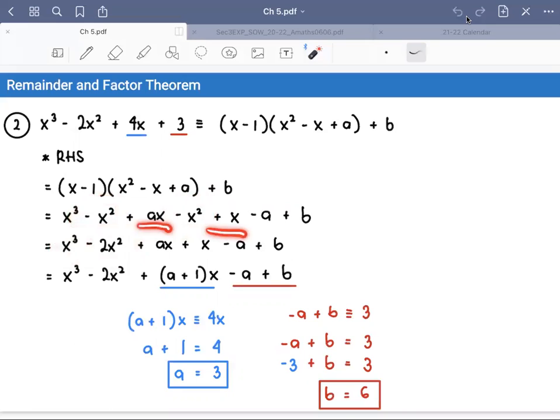Because you cannot add a and the number 1. So therefore, we write it like this, ax plus x. And then since a and b don't have any x terms, we just bring down both of them. And that means that this 2 here is your constant term, okay?